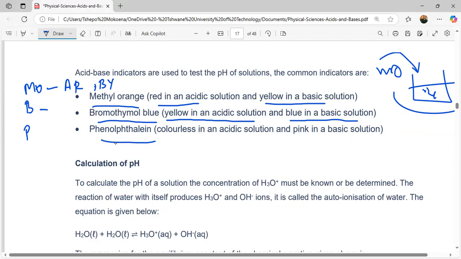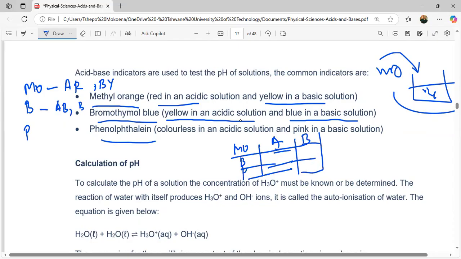And then bromothymol blue: acid, yellow; base, blue. You know what you can do? You can say MOBP, and then form some sort of a table, and then you know this side is acid, and this side is base.